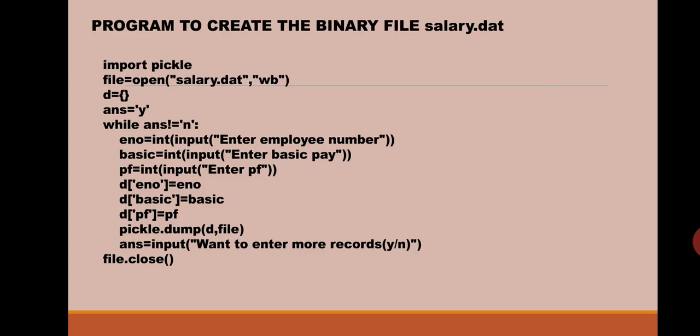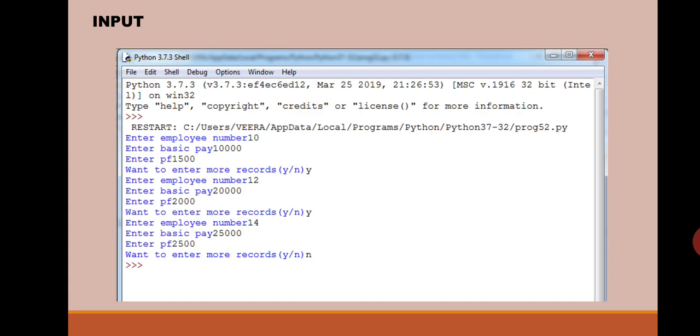We create a record in the form of a dictionary and then place it in the file. Right? After all the records are written, the file is closed. Now let us see what data we have entered in this file also. See, we have taken the same employee numbers 10, 12 and 14, and for that we have entered basic pay and PF. Right? So there are 3 records in this file also.